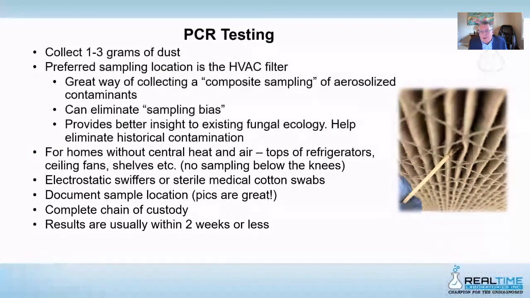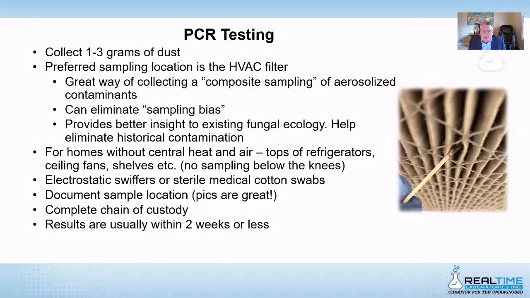We understand that the three ways of getting that exposure are going to be through dermal contact, inhalation, or ingestion. So if we want to understand inhalation risk, one of the best ways is to sample from the HVAC filter. And this is good in a couple of different ways. If we go through and we sample, or the homeowner samples, multiple locations, we could be introducing sampling bias.